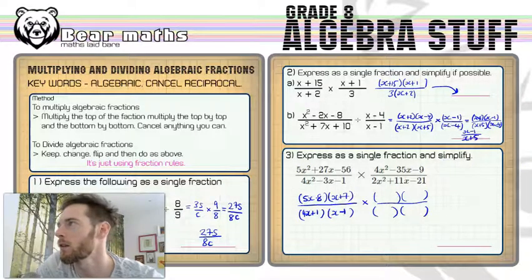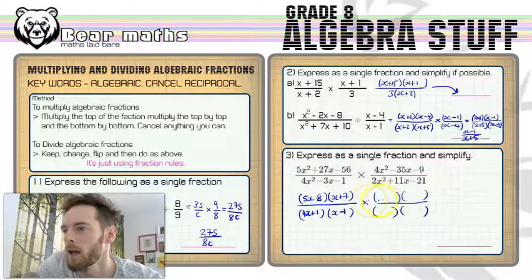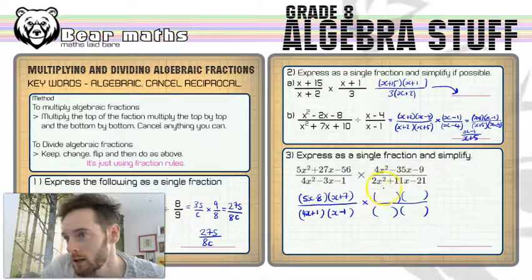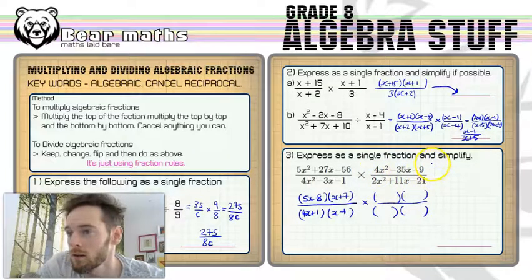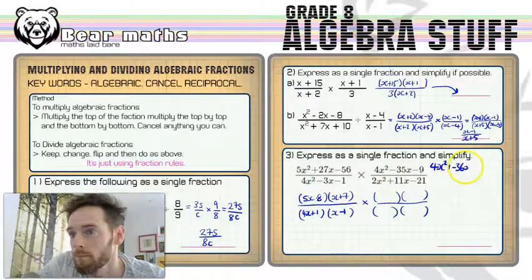I have to keep getting rid of this, otherwise I've got no space to do everything. Then we're going to do this one over here. So that is 4 times 36. That's a nice one as well. So 4x squared plus 1x minus 36x. Let's put the minus 36x there, and then the plus 1x there, and then the minus 9 there.